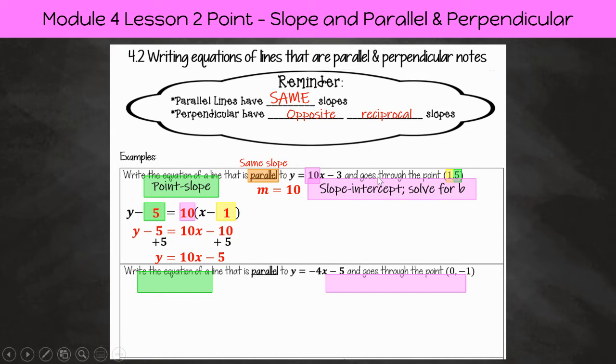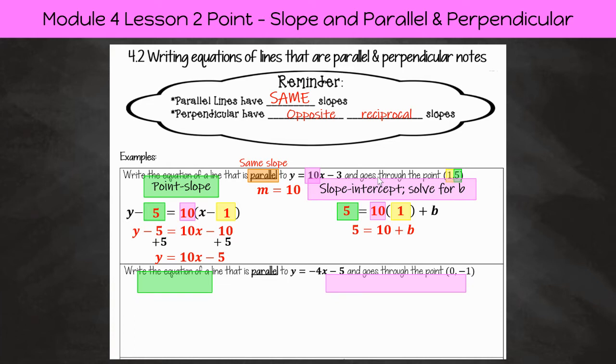Okay, then we have our slope intercept form and we need to solve for b. So we did this in module 4, lesson 1, and now we're going to use those same skills in module 4, lesson 2. So in our slope intercept form, we solve for b. So we're going to plug in our slope, our x, and our y value into our slope intercept form. So we're going to plug in our 5, our 10, and our 1. Then we're going to simplify. So 10 times 1 is 10.